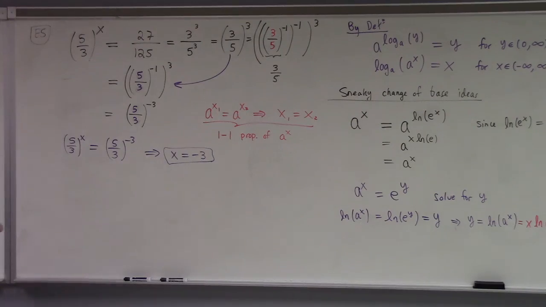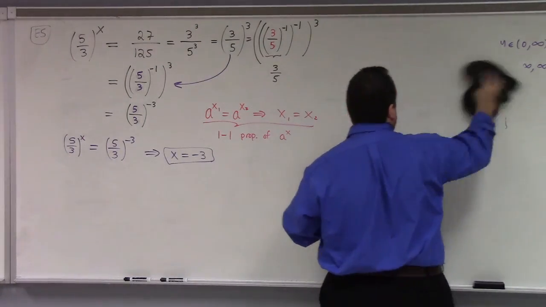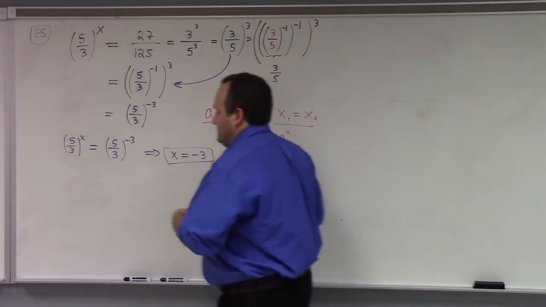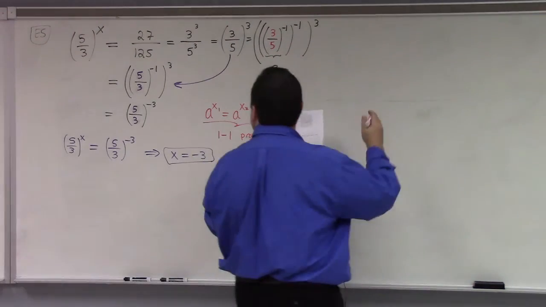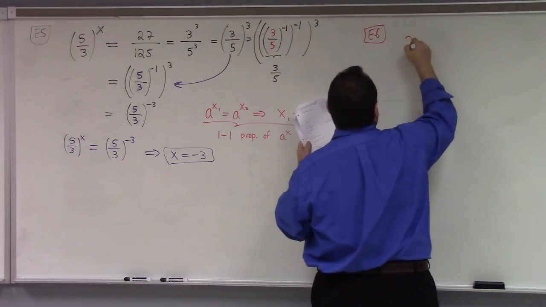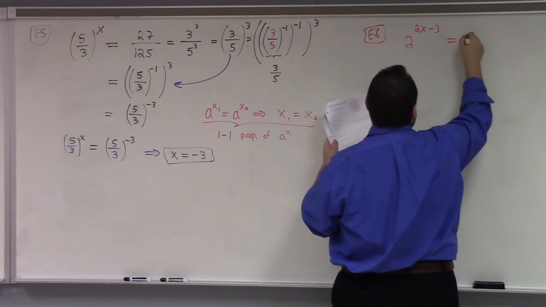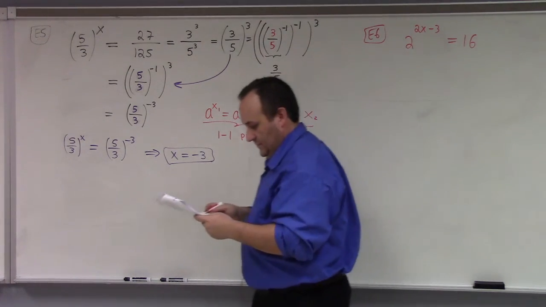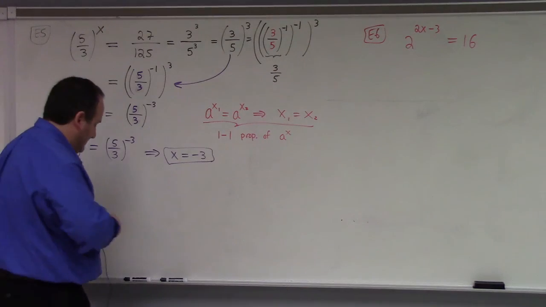Let's work another one here. There's another way to work that problem. Example 6. Maybe I'll do that next time. 2 to the (2x minus 3) equals 16. I should have done this one first. My bad, guys. This one's so much easier than the last one.